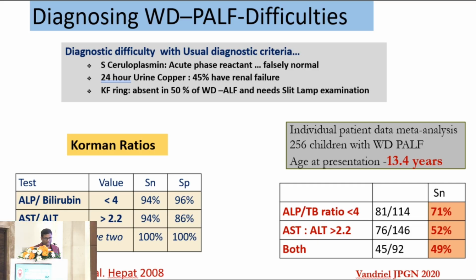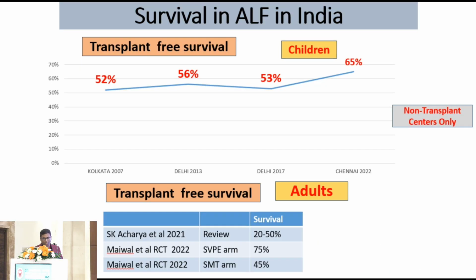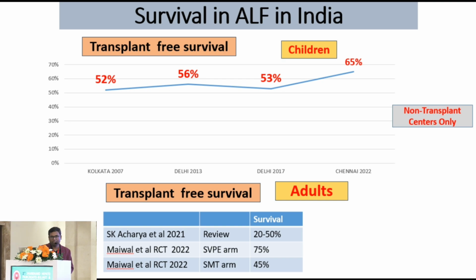Then our outcome is also different. In the top 4, transplant-free survival varies from 50% to 65% depending upon the etiologies. In the lower part, adult transplant-free survivals are shown, ranging from 20 to 70%, but overall the outcome is a little bit better in children as compared to adults.